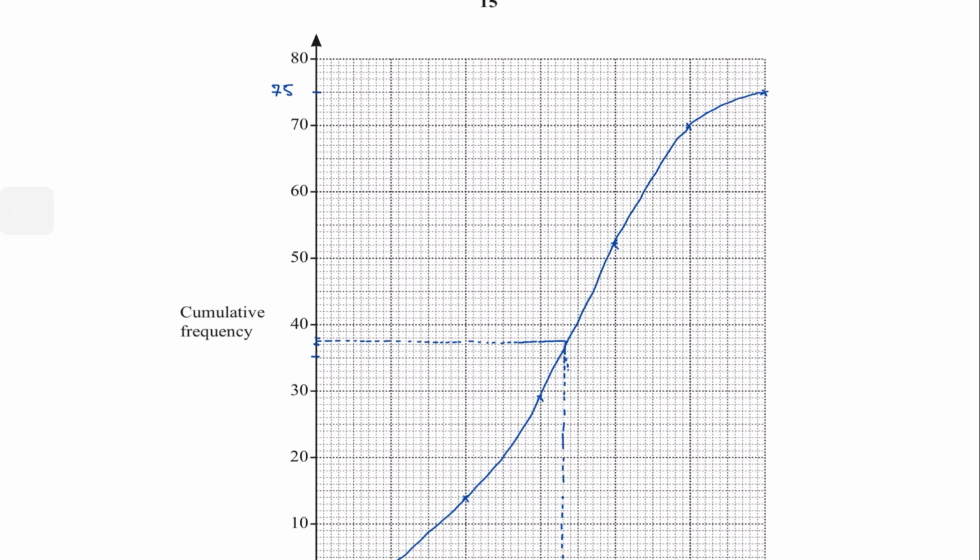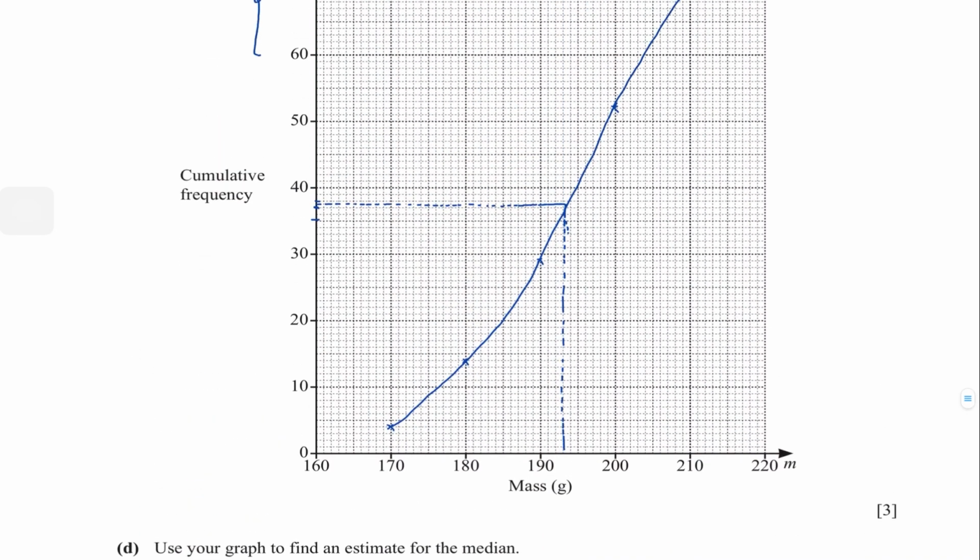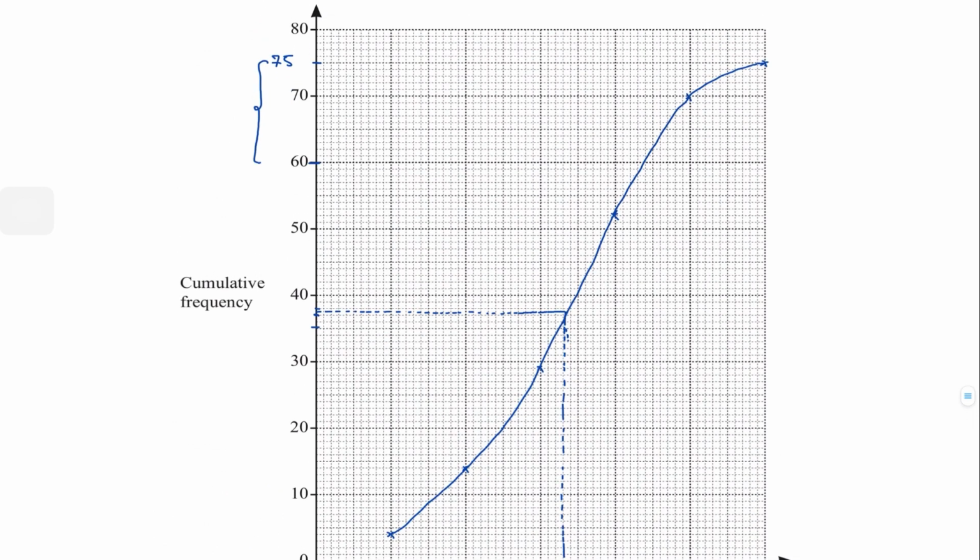So the top 15 are going to be classified as class A, and they're going to have a mass which is greater than a certain value, and that value is t grams. So that means they're going to start from 60 and end at 75, since the quantity is equal to 15. So I'm going to start from 60, see what the corresponding value of 60 is, and that value is going to be my answer.